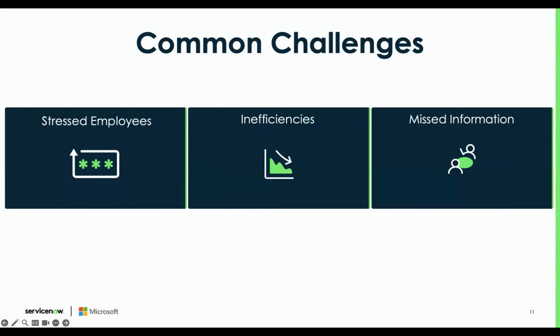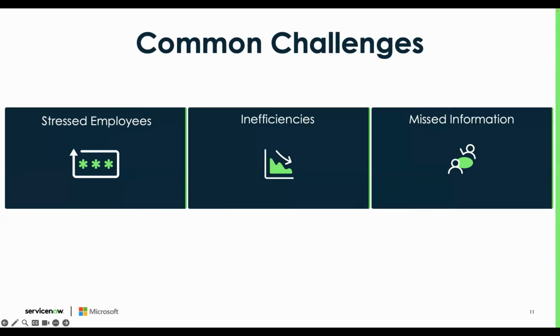So what do we mean by mission critical? Why is it mission critical? Because the proliferation of applications has created a common challenge, which is to manage multiple experiences. Employees and also the help desk agents have to manage multiple experiences. They have email, they have chat, they have portals, and this creates stress as they are constantly toggling between applications to find the right information.